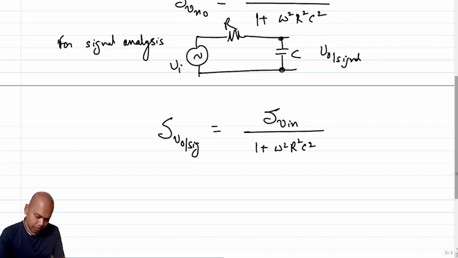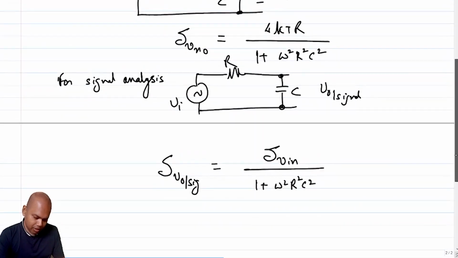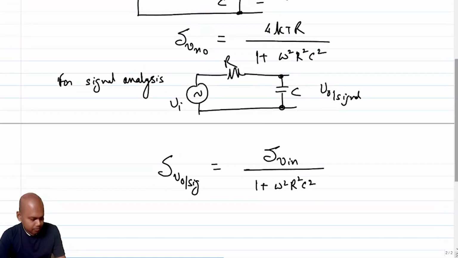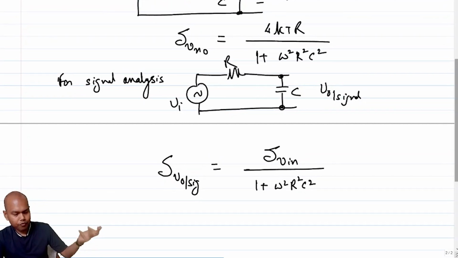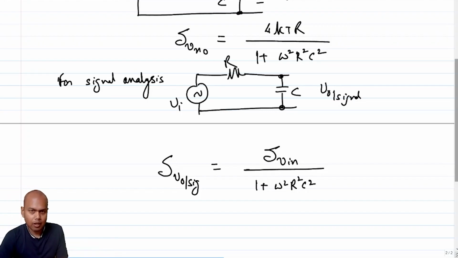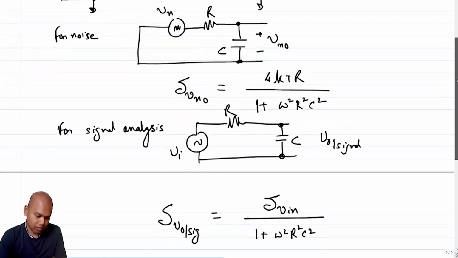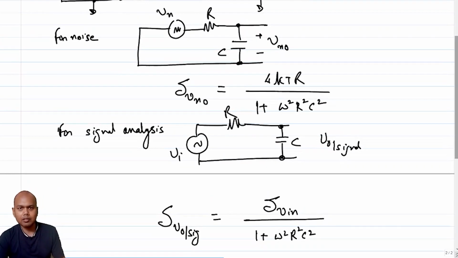Okay. So now, before we move forward, the part that we need to understand is, what do we really care about? When we say that we want a circuit to be of low noise, what do we actually mean? One might argue that the easiest way to get rid of noise is to basically short the output capacitor, right? If I short the output capacitor, there will be no noise voltage across the capacitor.